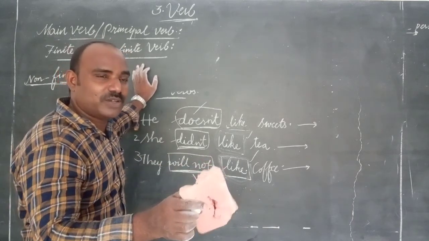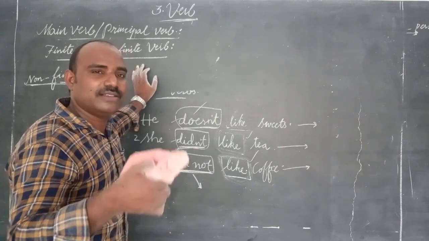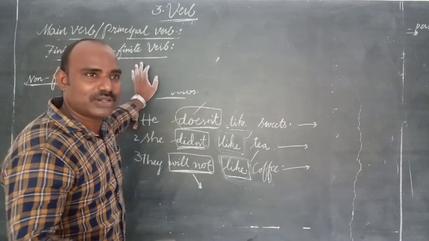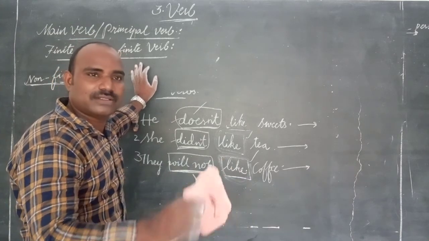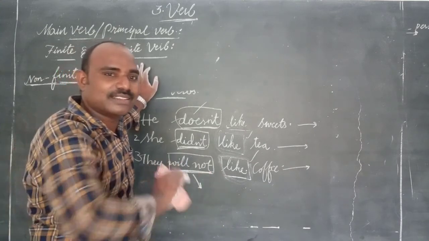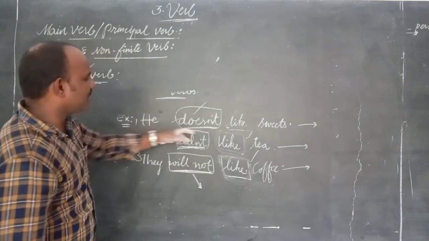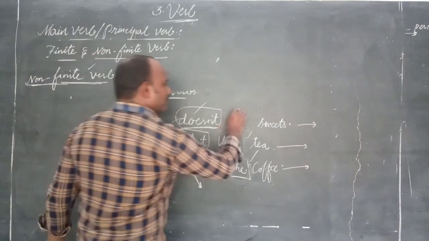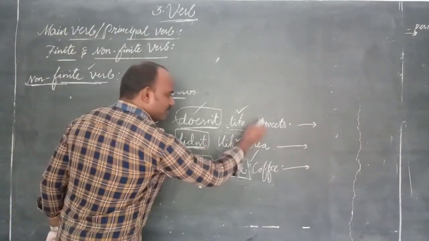Non-finite verbs can be used with any tense or with any subject. It doesn't matter whether the subject is singular or plural, first person, second person or third person, present tense, past tense or future tense. It can be used in any tense. Look at the same example. He doesn't like. Look at this verb, like. She didn't like tea.